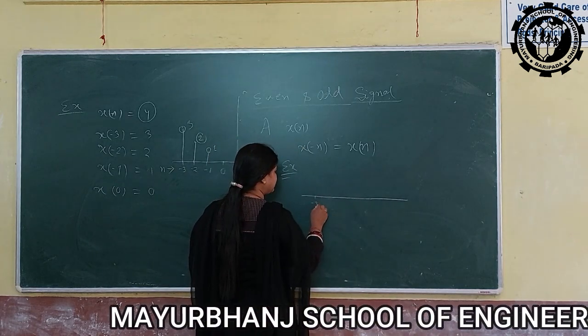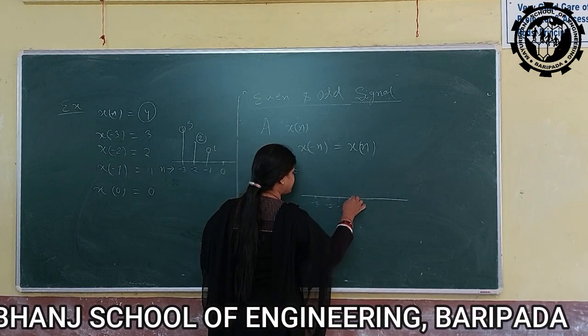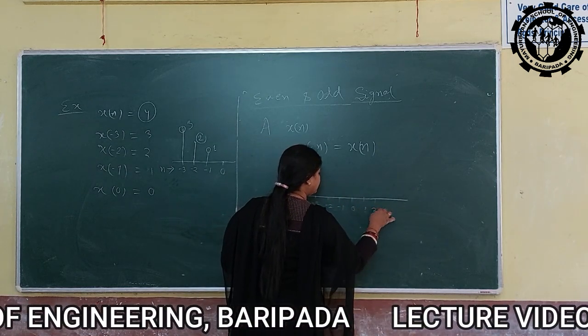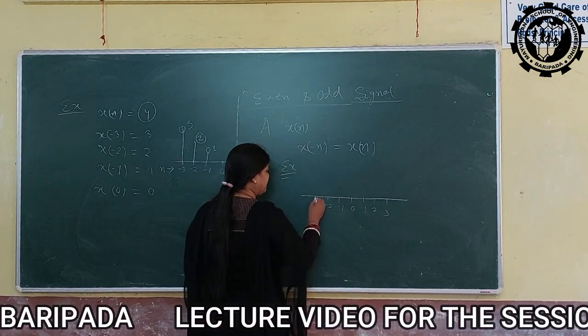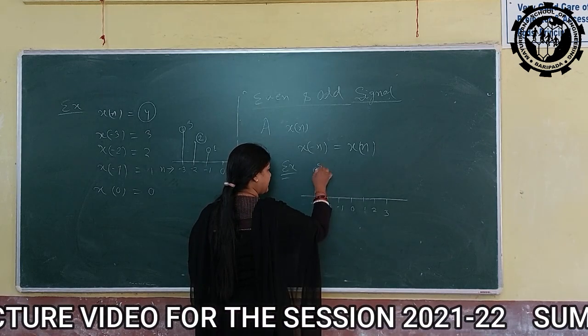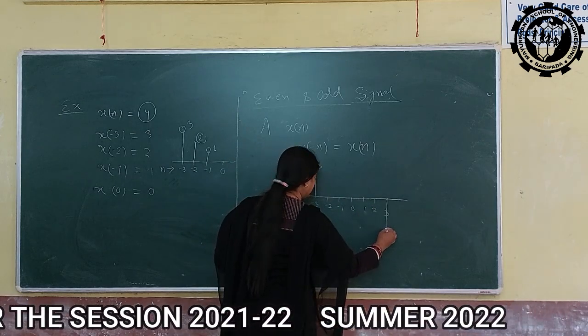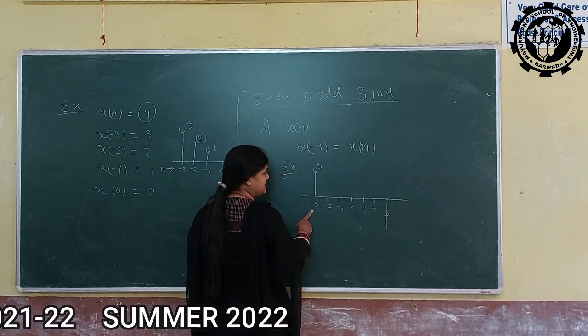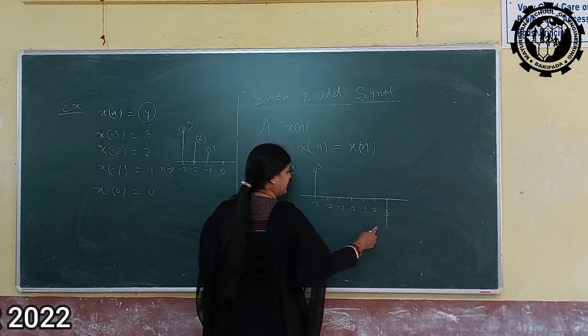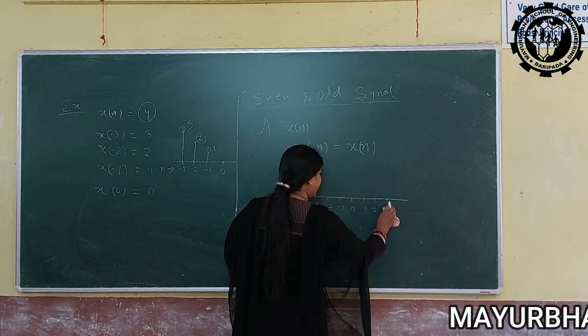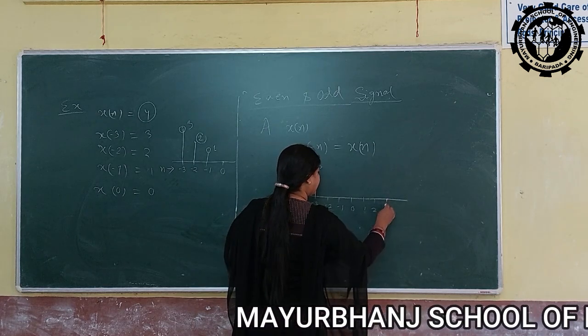Here it is -3, -2, -1, 0, 1, 2 and 3. If n is -3, its value is 3, and at 3 it is also 3.